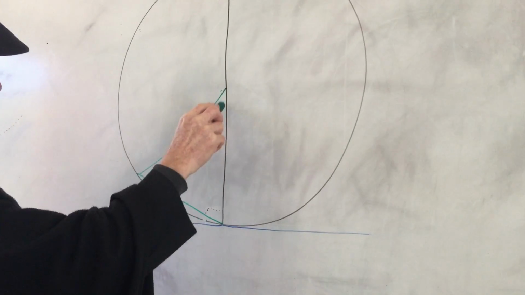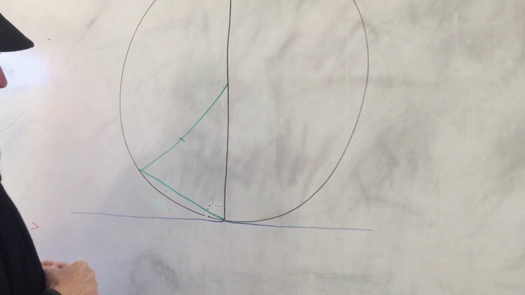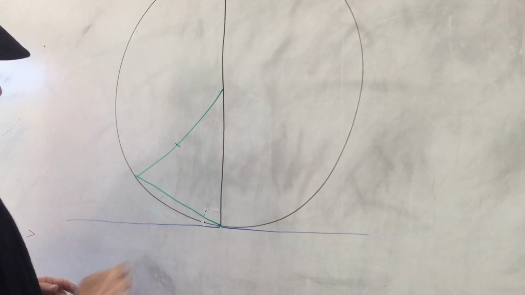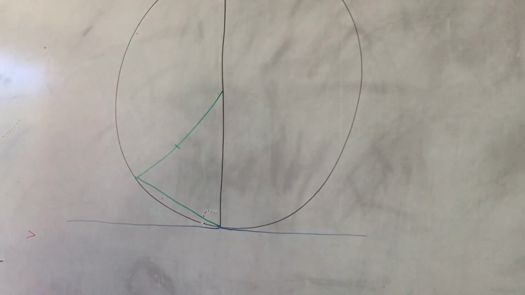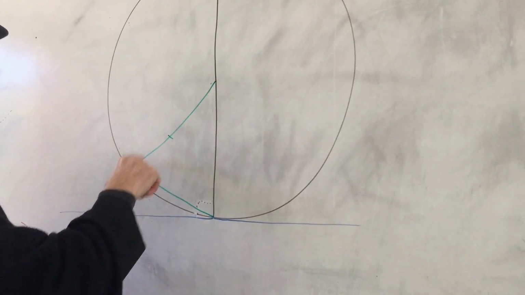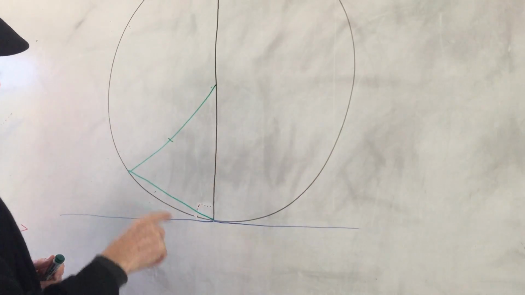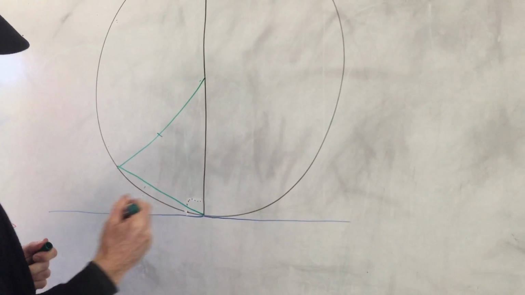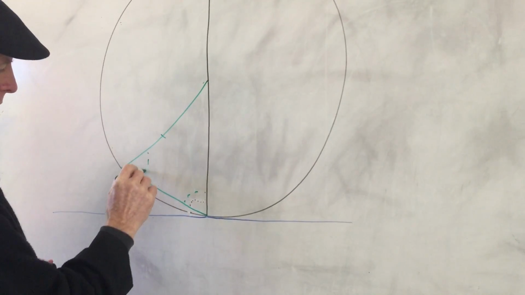So this is not equal to this for that reason, and this is equal to this because they're radii of the same circle. So here you have radii of the same circle, so there'd be an isosceles triangle, this equal to this, and therefore the angles at the base of an isosceles triangle are equal.